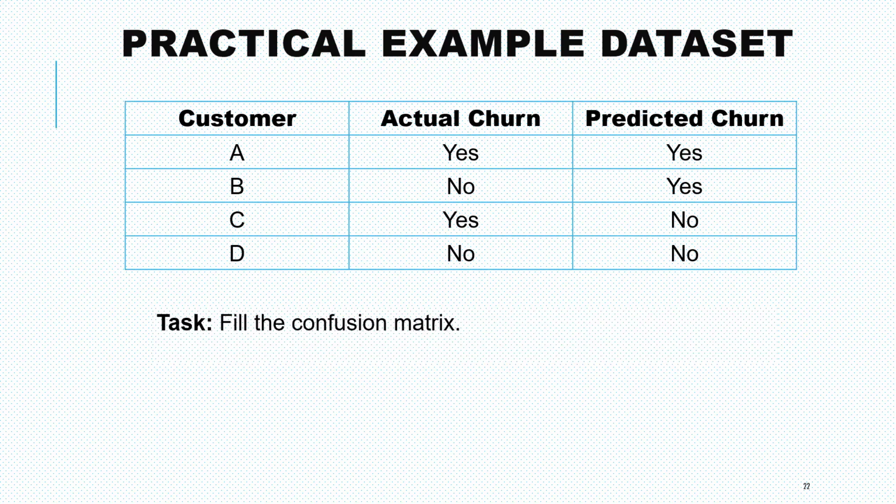For D, the actual is no, and predicted is no. This is rather the true negative one. The C is false negative. The D is true negative.